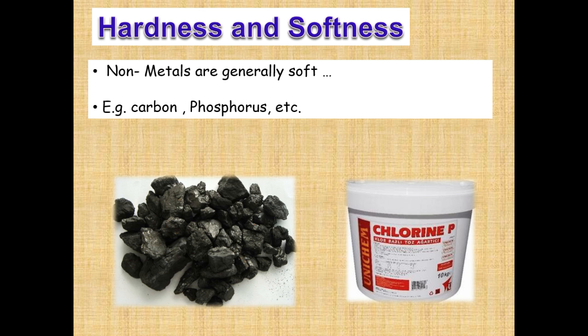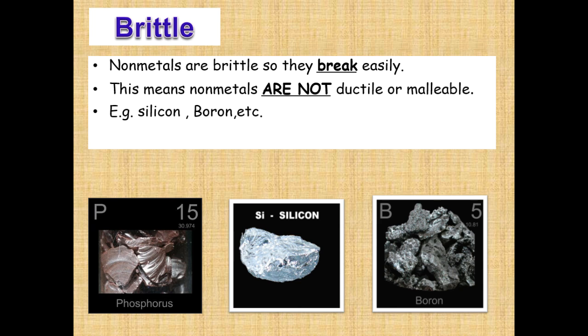Hardness and softness. Non-metals are generally soft. Example, carbon, phosphorus, etc. Brittle. As we discussed, non-metals are brittle, so they can break easily. This means non-metals are not ductile or malleable.